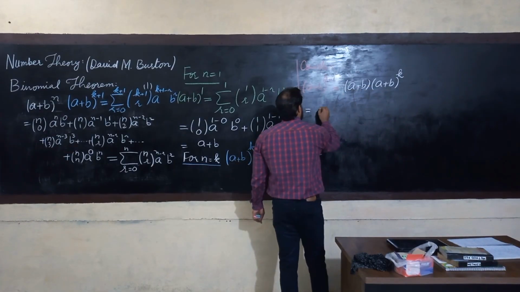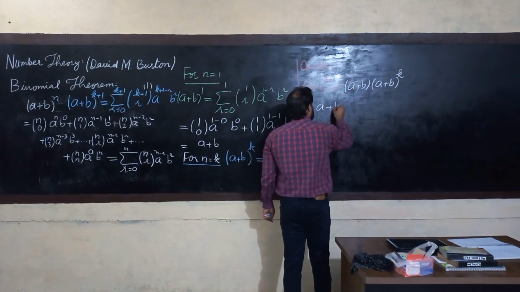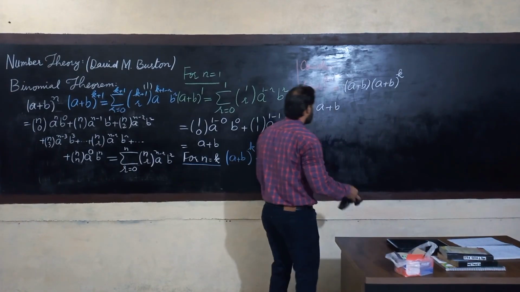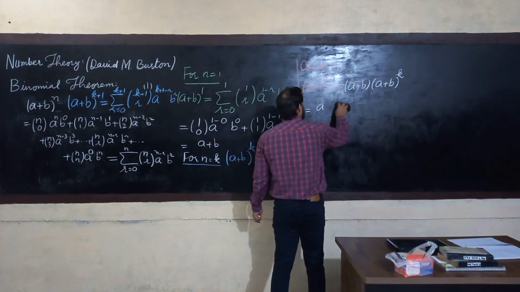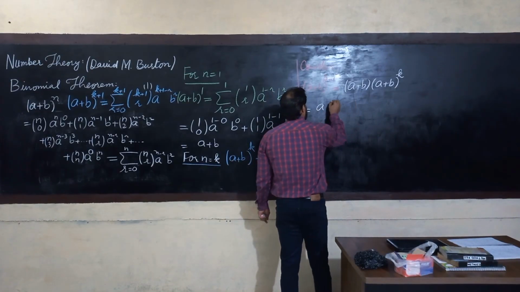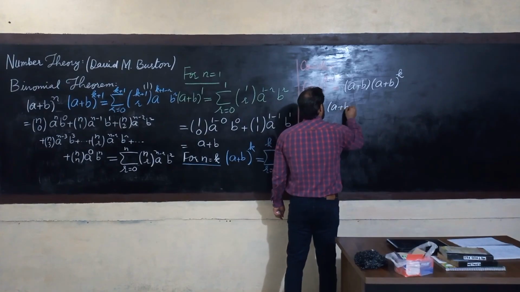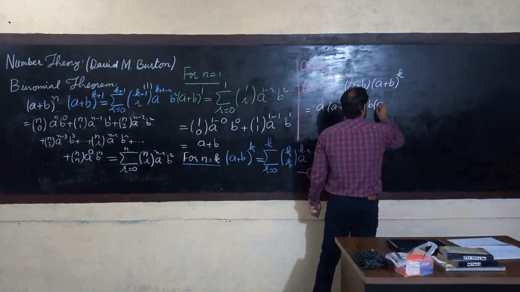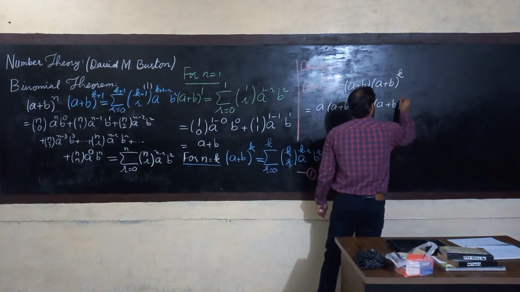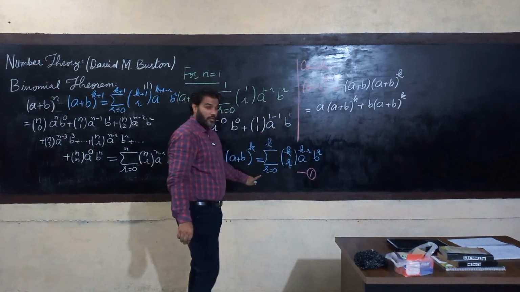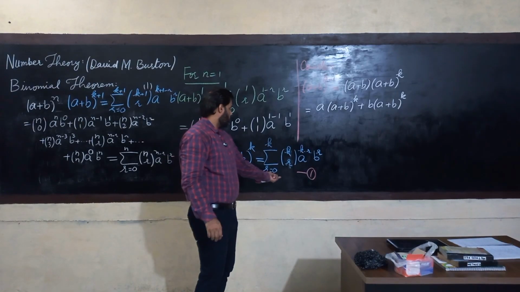Further, we can write it as a into a plus b whole power k plus b into a plus b whole power k. By using 1, a plus b whole power k is equal to this summation.